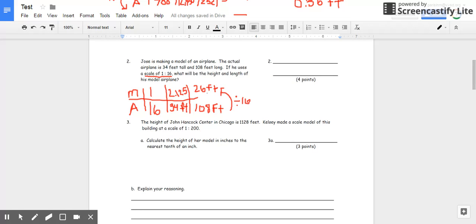Oh, hold on, I think that was typed in wrong. 108, that doesn't seem right, divided by 16. So again, make sure you're checking in your calculators. It should be 6.75.